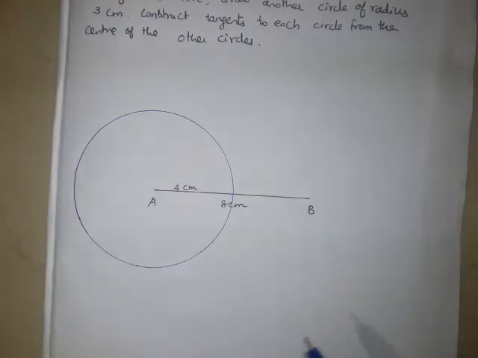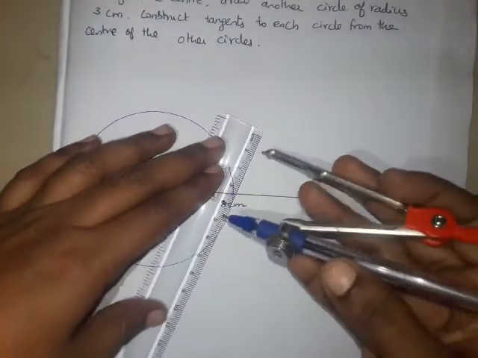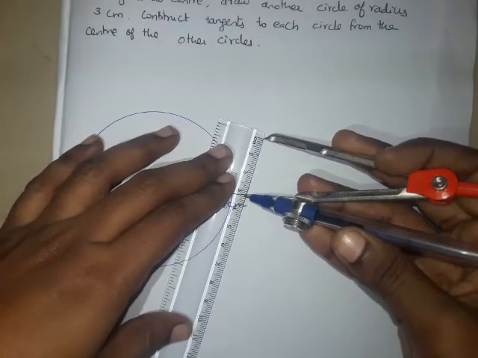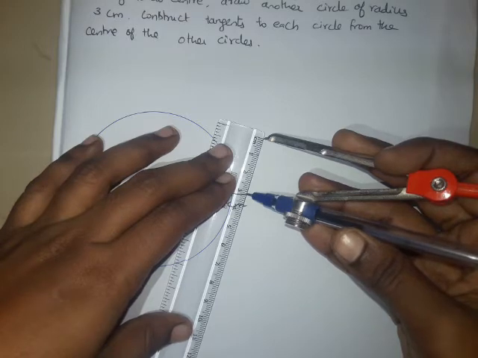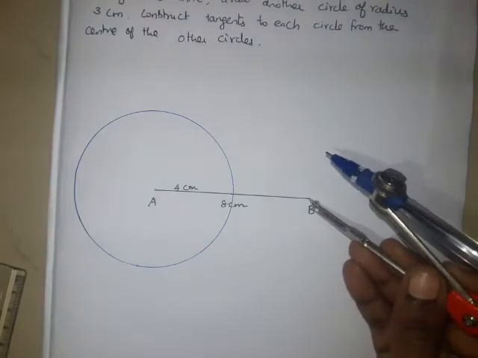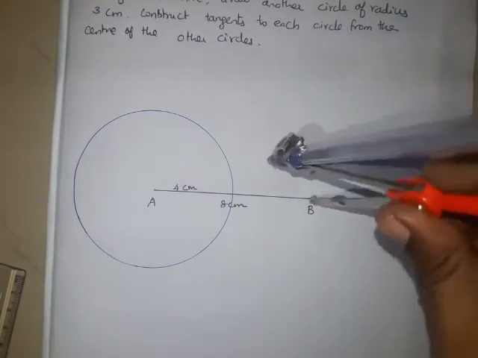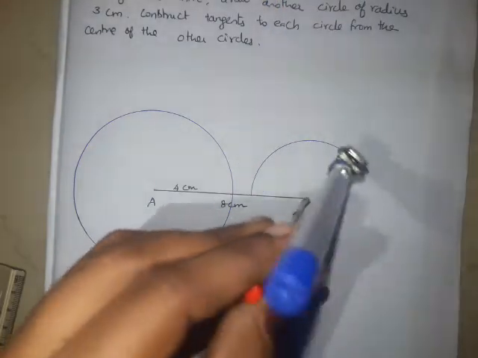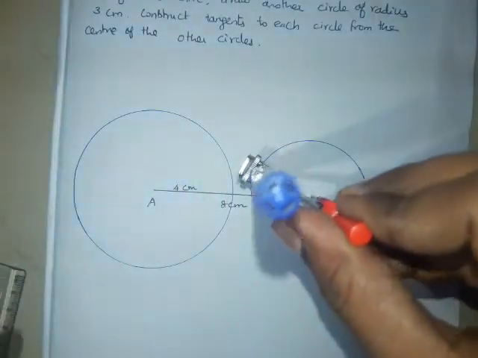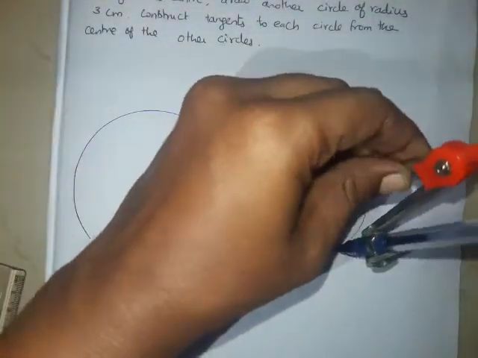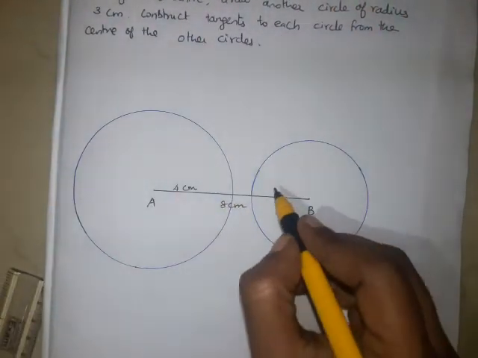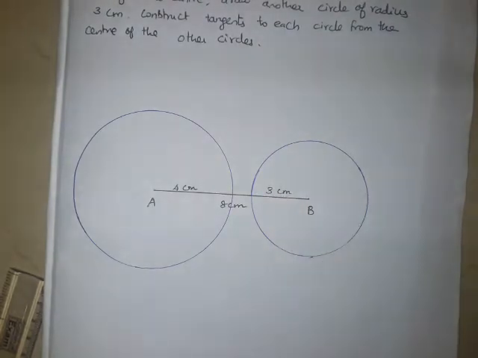Now consider B as a center, measure 3 centimeter. Now I am measuring 3 centimeter radius, B as a center. This is 3 centimeter circle. Now this is radius 3 centimeter small circle.